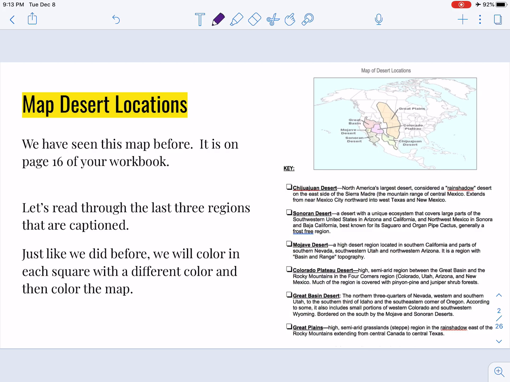Hopefully, if you have your maps or your notebook at home, you should be recognizing this map that we did before. We talked about the Chihuahuan, the Sonoran, and the Mojave. Today, we're going to read through the last of these three, the Colorado Plateau, the Great Basin Desert, and the Great Plains.